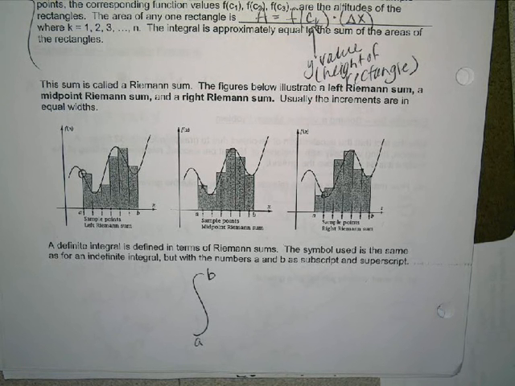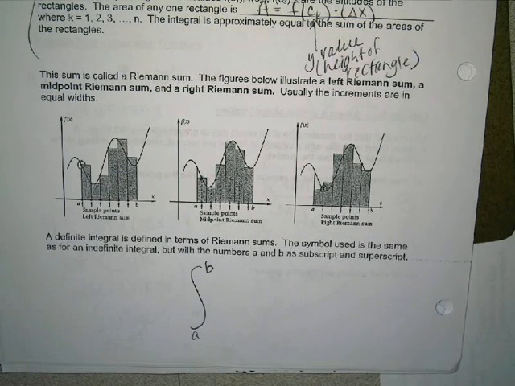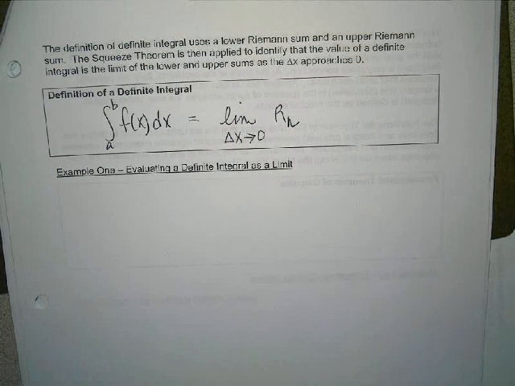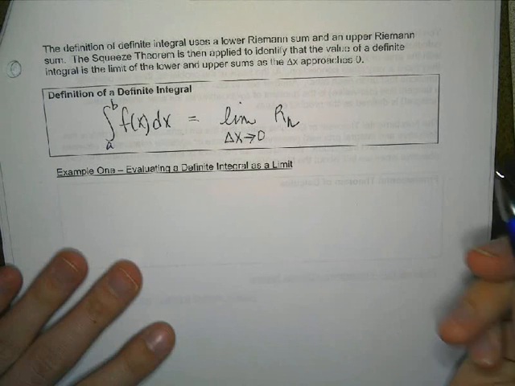In order to cover the same amount of area, if your width is getting smaller, that means your rectangles are multiplying. So as your rectangles multiply, is the extra area that you're missing going to decrease even more? Yes, the more rectangles you have. Okay, so that's what it's getting at: the exact value is taking the limit as your change in x approaches 0 of your Riemann sums.